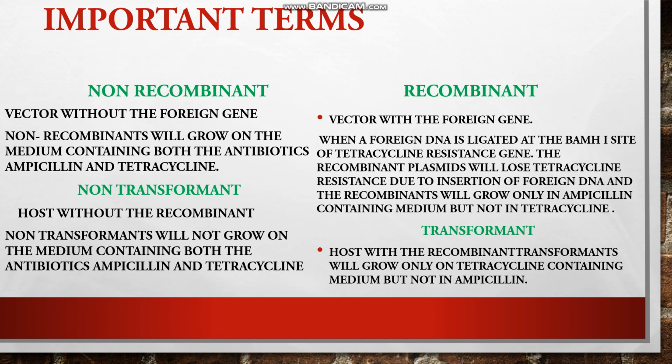Non-transformants and transformants are the terms used for host organism. Host without the recombinant are called non-transformants, and host with the recombinant are the transformants. So the terms non-recombinant and recombinant are used for vectors, and non-transformant and transformant are used for host organism.